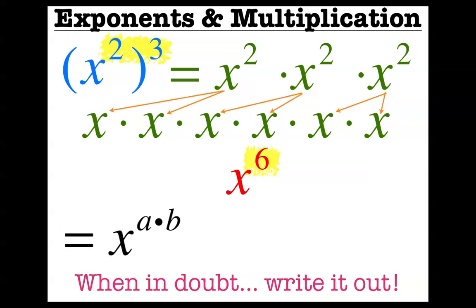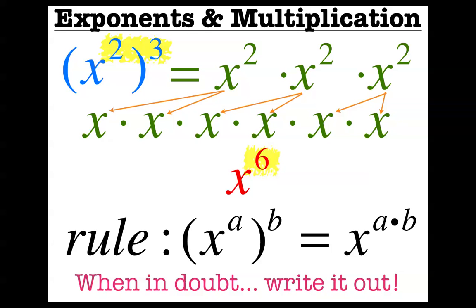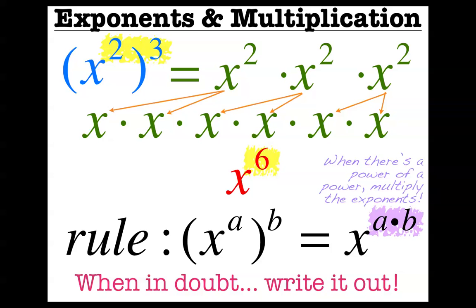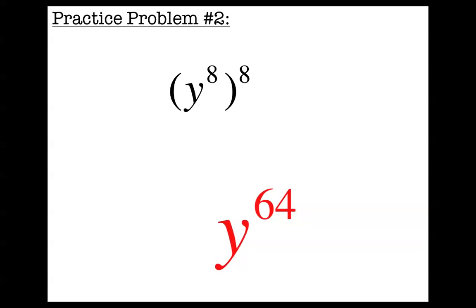So when it's a power of a power, you multiply the two exponents together. Okay, that's not too bad. So try it on this one. If you have y to the 8th to the 8th. Yeah, okay, that makes sense.